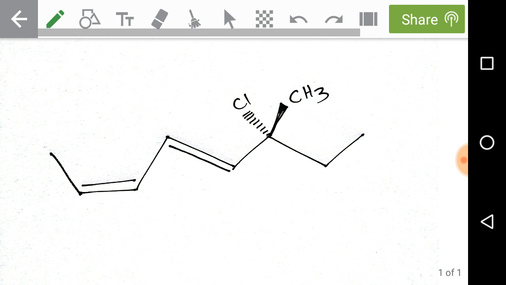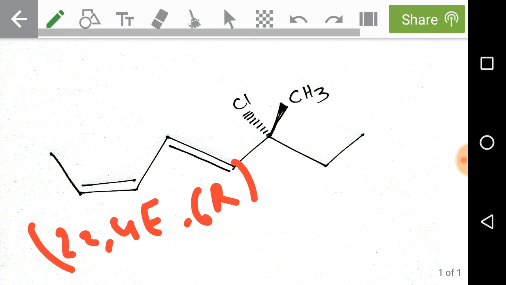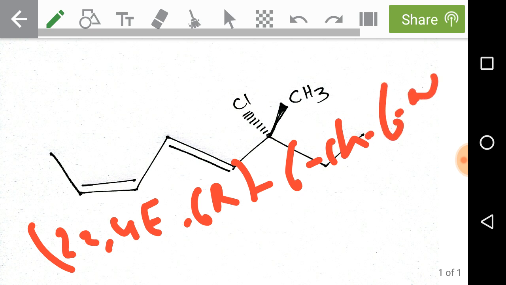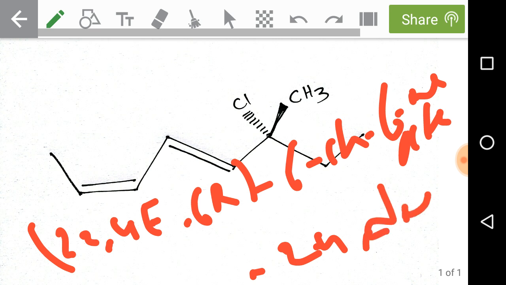After completing all the stereochemistry and its nomenclature, first we give the stereochemical nomenclature: 2Z, 4E, 6R. After that, 6-chloro, 6-methyl octa-2,4-diene.